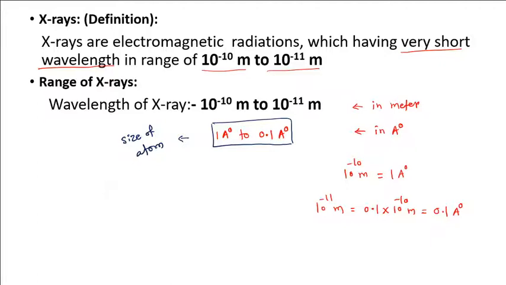So the X-rays are used to study the structure of atom, because wavelength of X-ray is comparable, equivalent or similar to size of the atom. Got it? Right.